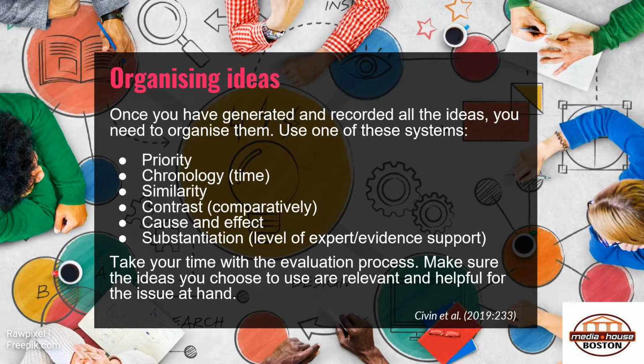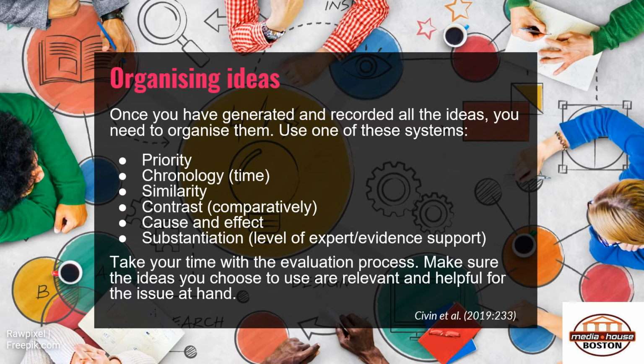Once you've generated and recorded all of the ideas, you need to organize them. You could use many different systems to organize the ideas, and here are just a few ideas. They could be organized by priority or chronology, so which one takes place sooner, the time. Similarity, so grouping ideas that are similar to each other.